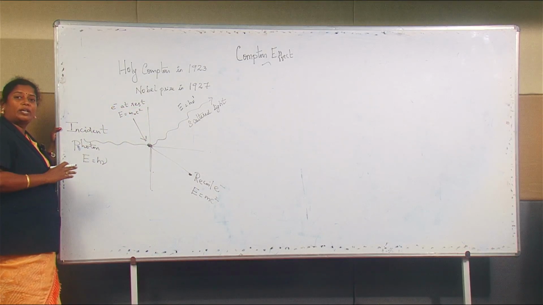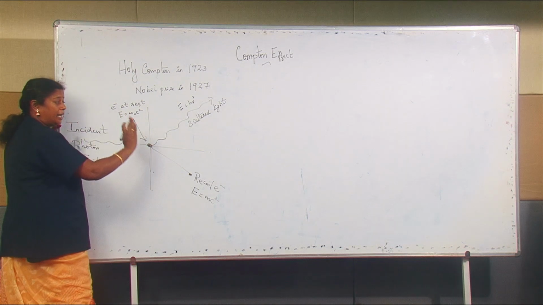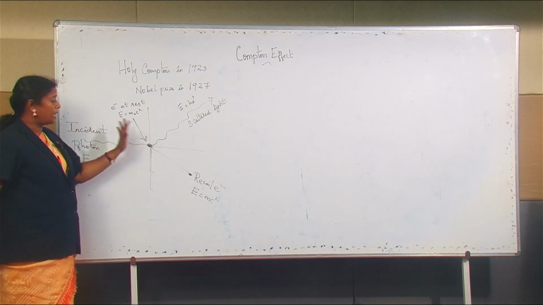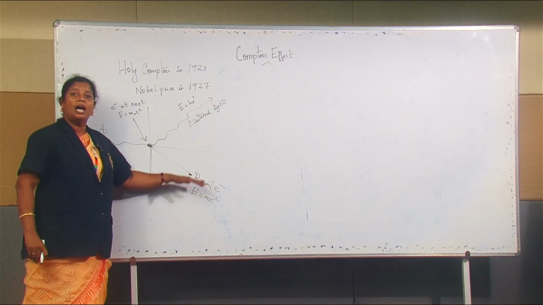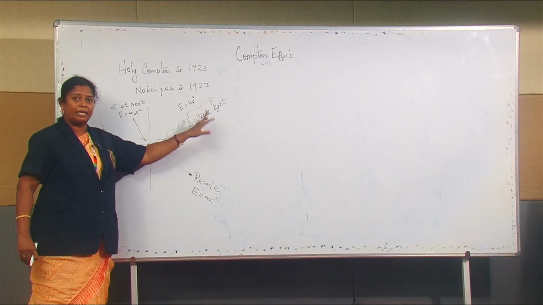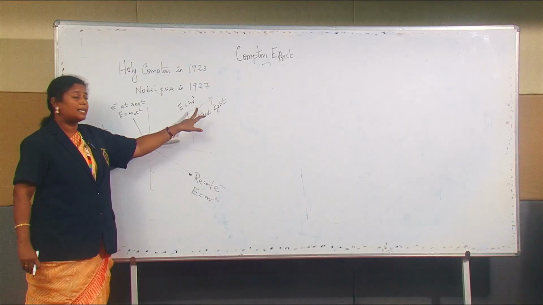By the law of conservation of energy, we can compare the energy before collision and the energy after collision. The incident photon strikes the scatterer. The rays are scattered in all directions, and if you observe the wavelength of the scattered ray, the wavelength is increased, or the frequency is decreased and the energy is decreased. Why does this happen?